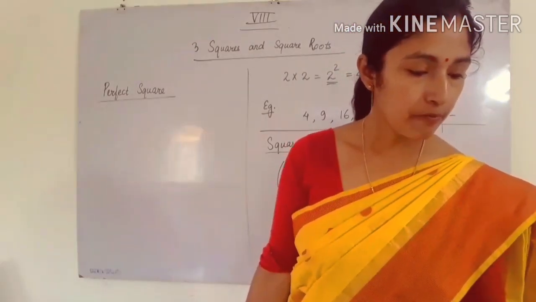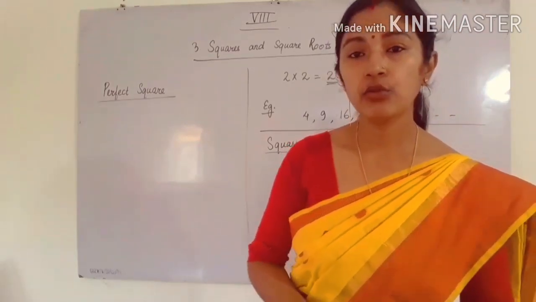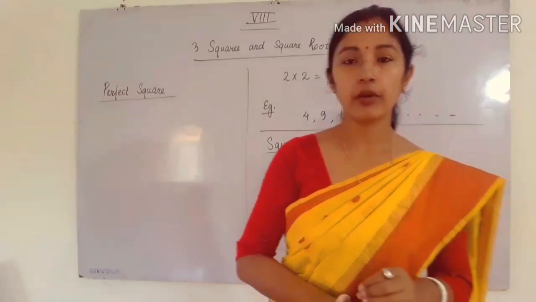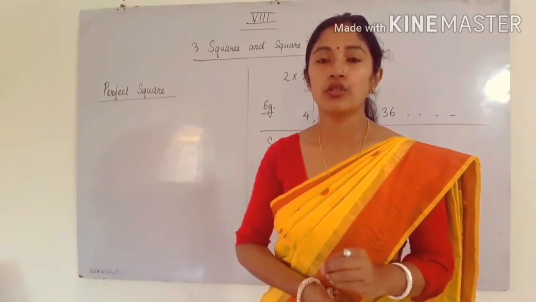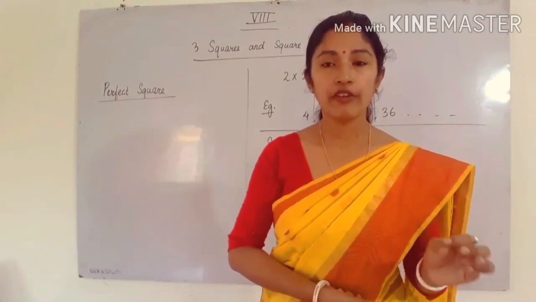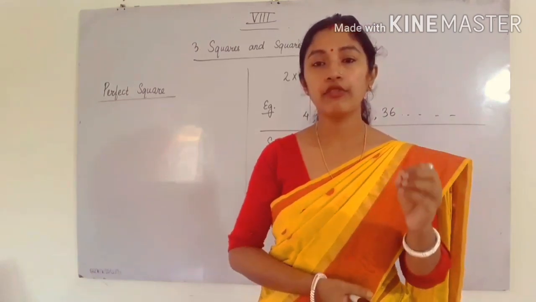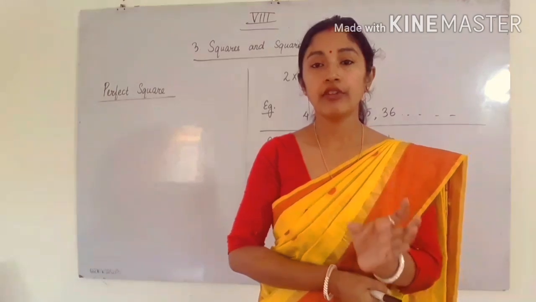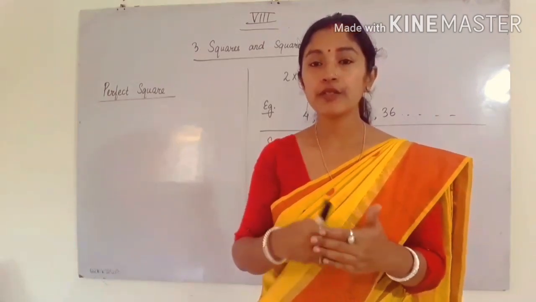The next is when we multiply two negative numbers. Already we know that when we multiply two negative numbers, the answer will be a positive number. So here also, when we write the square of a negative number, we will get a positive number, because in case of square, what is the meaning of square?